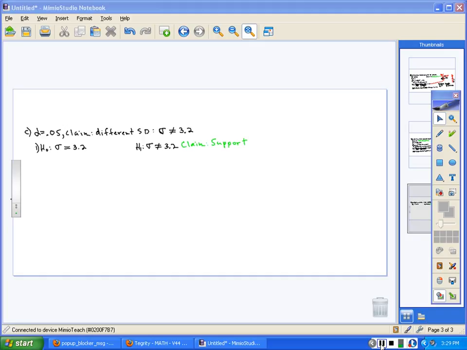It's not symmetric, and 0 is not in the middle. It is restricted to the first quadrant, which means everything is positive, and it is skewed. And because this is not equal to, this is a two-tailed test. So it's going to look like that.